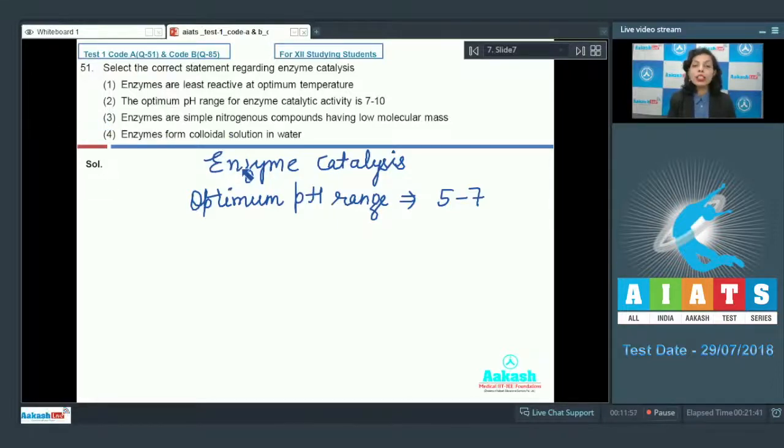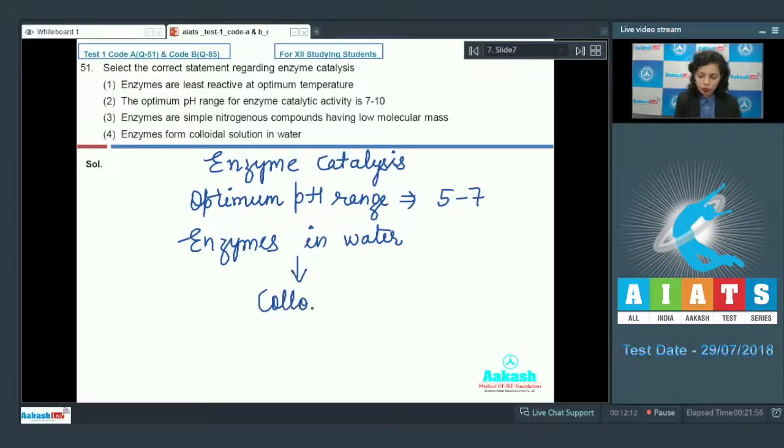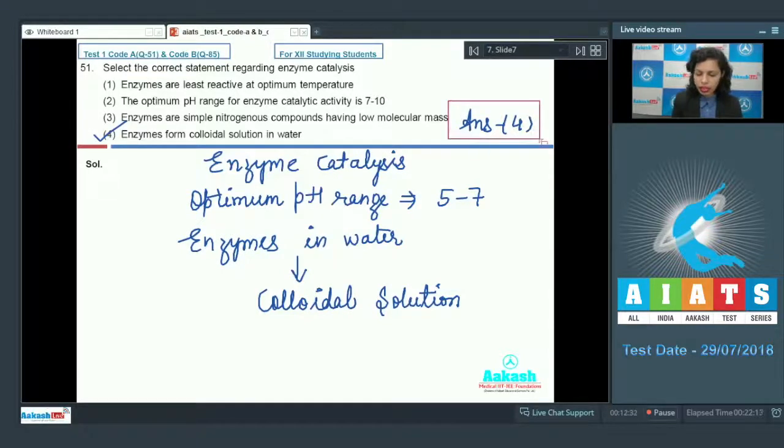Yes, enzymes when dissolved in water definitely form a colloidal solution. On that basis, which option is the correct option? Definitely the correct option is option 4. So let me mark here, this is our correct answer.